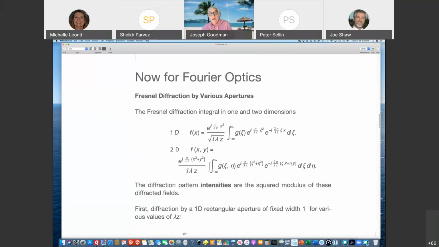So the Fresnel diffraction integral in 1 and 2 dimensions, the complex amplitude of the field we observe generated by an aperture with an amplitude transmittance G at a distance Z with wavelength lambda is given by this one-dimensional infinite integral, which, by the way, is a Fourier transform of the product of G and the quadratic phase function scaled by this 1 over lambda Z.